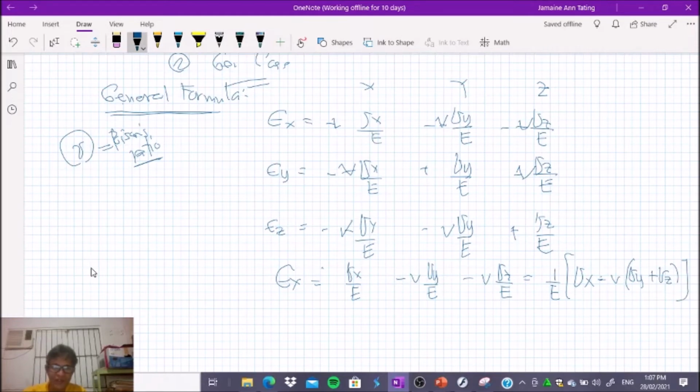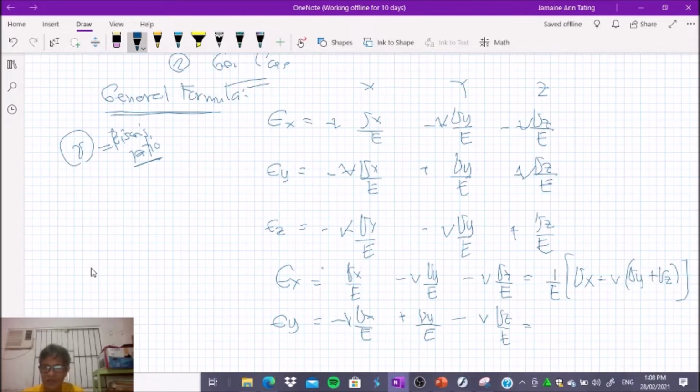Okay, so we have strain y will be equal to negative v sigma x over e plus sigma y over e, then minus v sigma z over e.